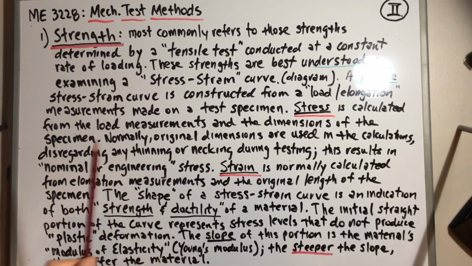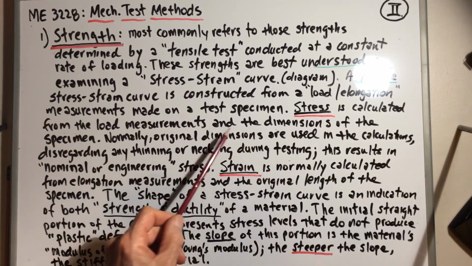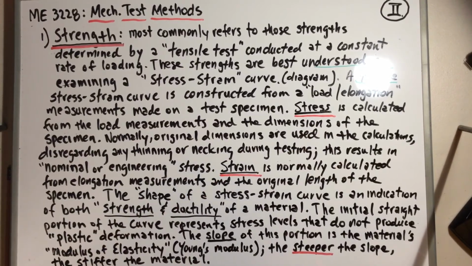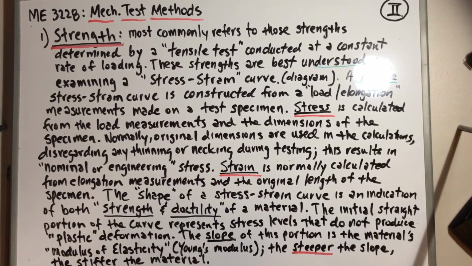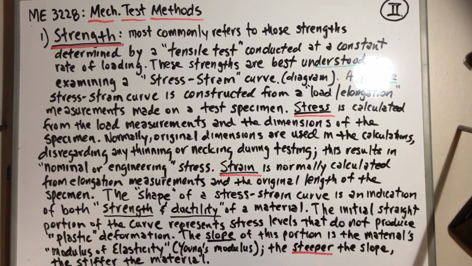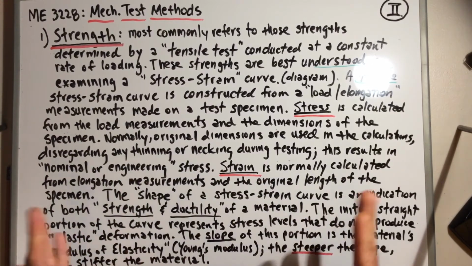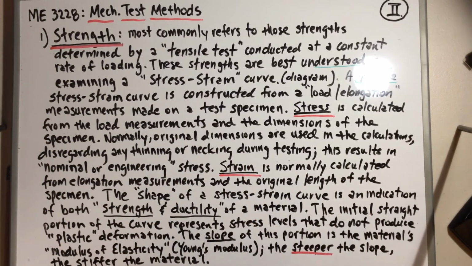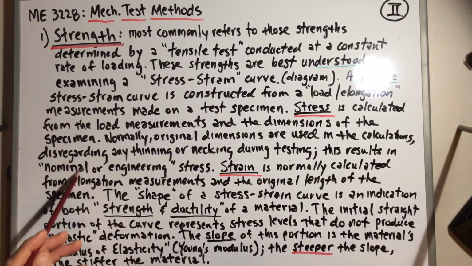At any rate, the stress is calculated from the load measurements and the dimensions of the specimen to get the area. Normally, in what we call engineering or nominal stress-strain curves, we are using the original dimensions in the calculations, which basically means we're just going to disregard any kind of thinning or necking down during that testing. So this results in what we call a nominal or engineering stress.